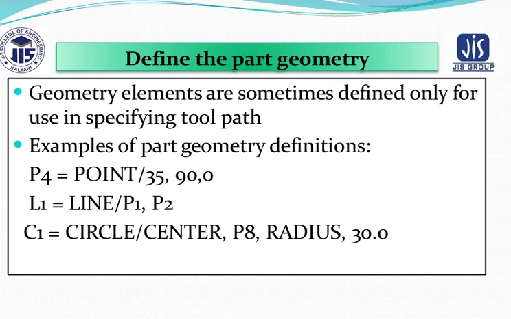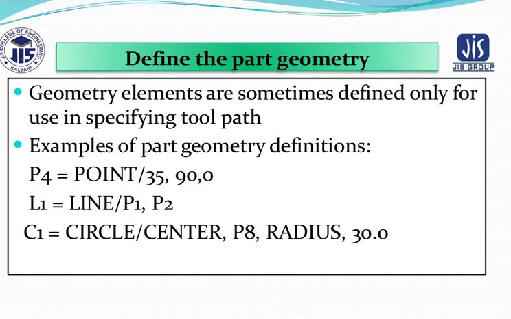So now slowly we have entered into how to write APT programs. But before defining the part geometry, it is always essential for us to know about the APT programming sequence.